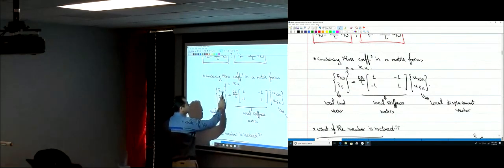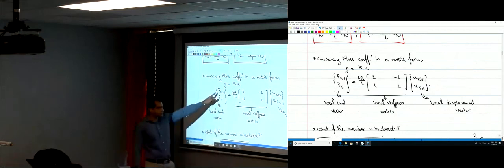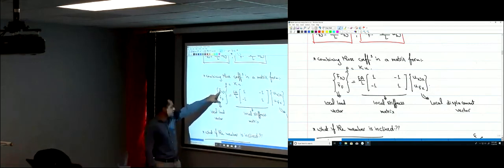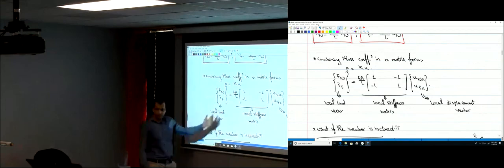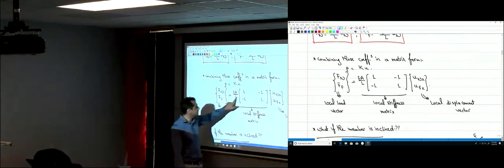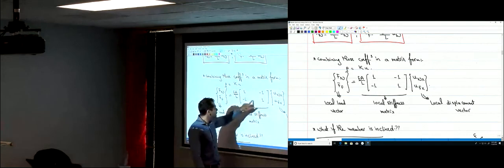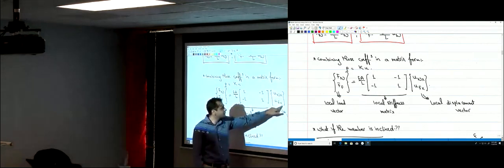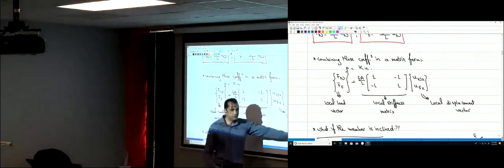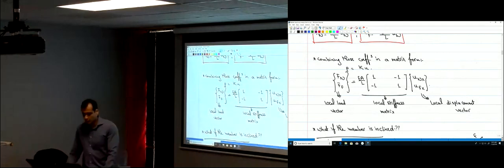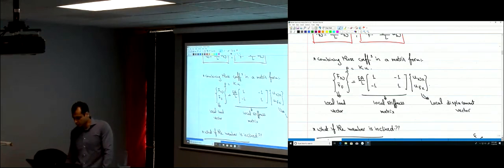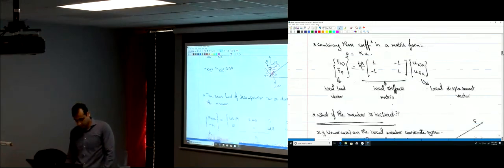P, which has two values, the force in the local direction at the near end and the force at the far end, equals EA divided by L times the matrix 1, negative 1, negative 1, 1, times u_x near and u_x far, the local displacement vector. The local displacements of that member, okay? That's just for a member. So let's write this here for that element.